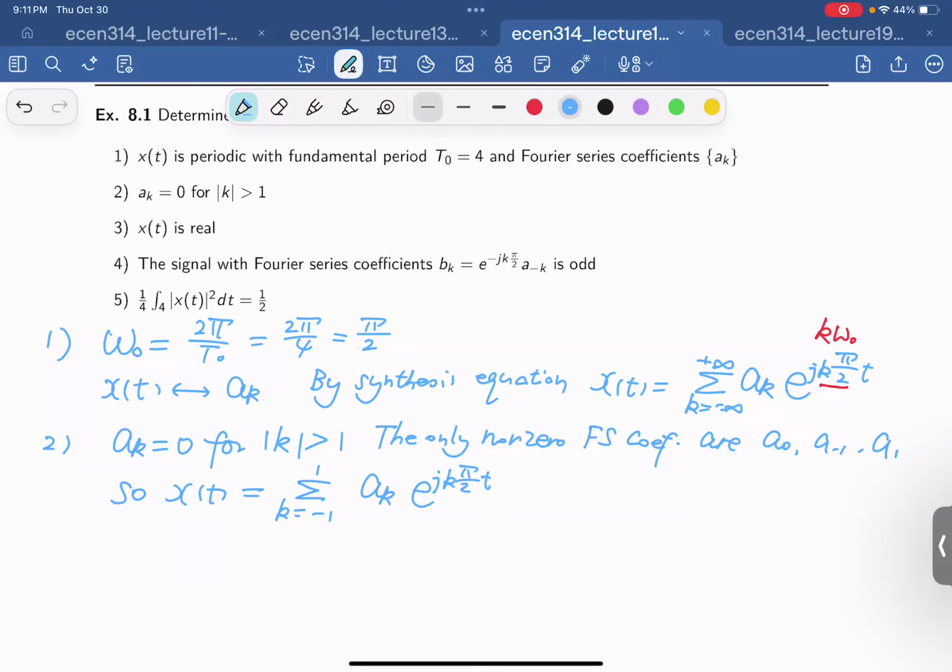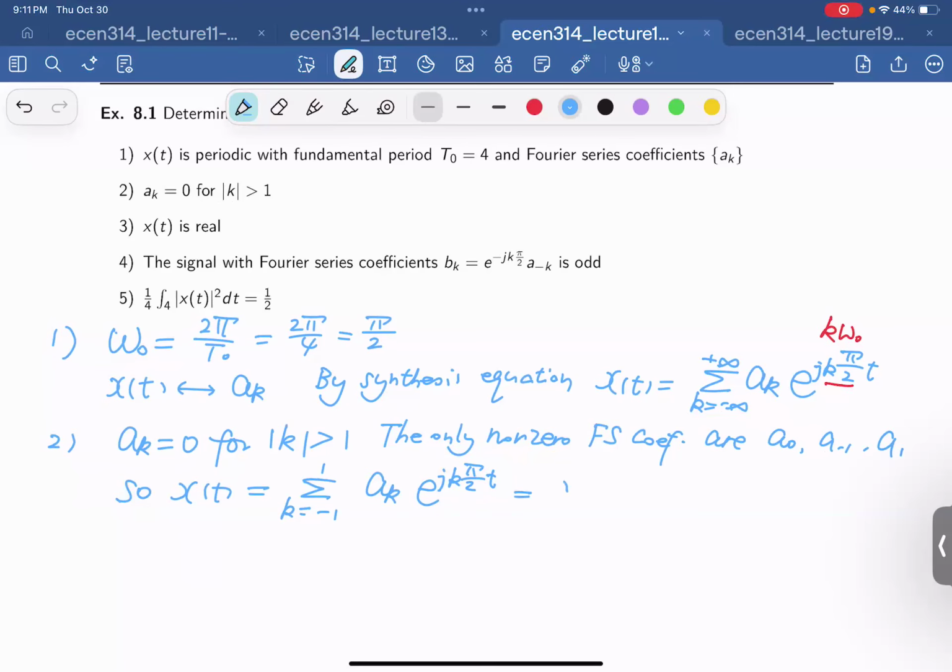Specifically, it equals a0 times e to the j 0 half pi t, which basically is 1, so we can remove that.